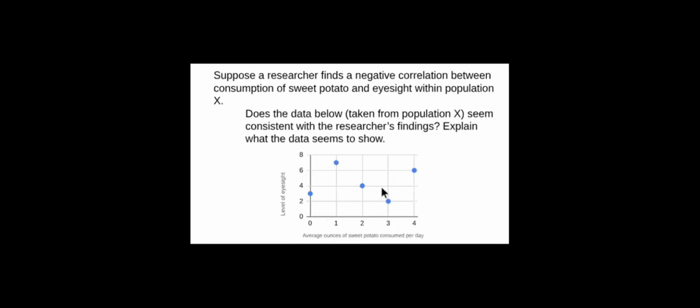Well, if you focus only on these 3 points, then yes, it's very little data, but it would seem to show a negative correlation. But overall, it does not show that because these two points are not consistent with it. And if it would only be these 3 points, then it would show a positive correlation. But all 5 points together show no correlation.